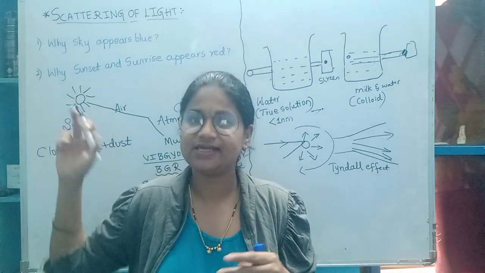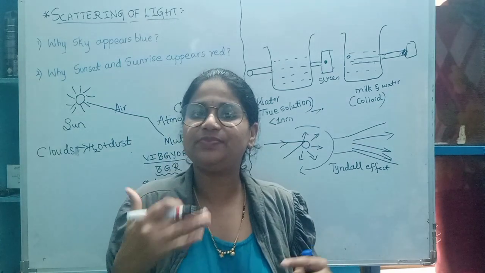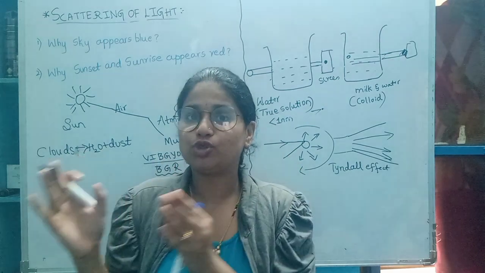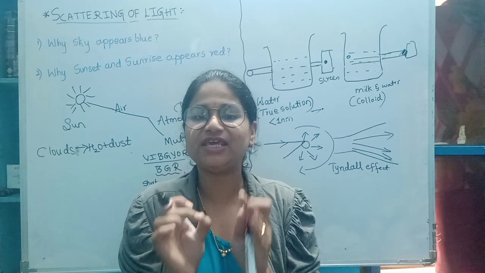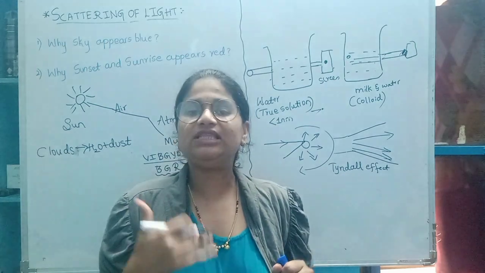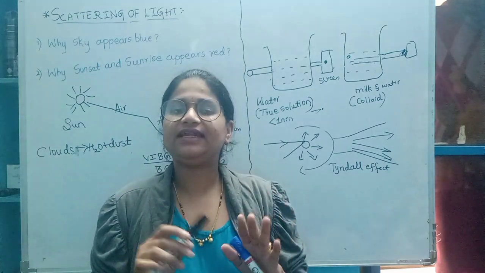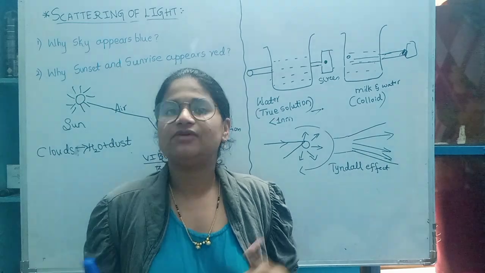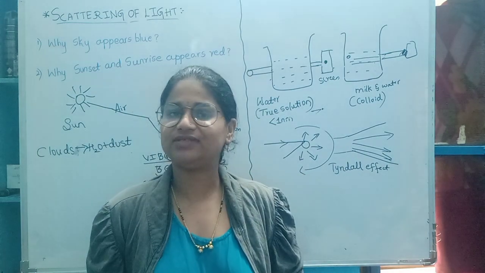Especially these questions, why the sky appears blue, why sunset and sunrise appear red, will come under applied questions. That is why this concept, even though it is small, is very important. In the upcoming sessions, we will do an activity and end this lesson. Then in the revision classes, we will go on solving applied questions based on this lesson.